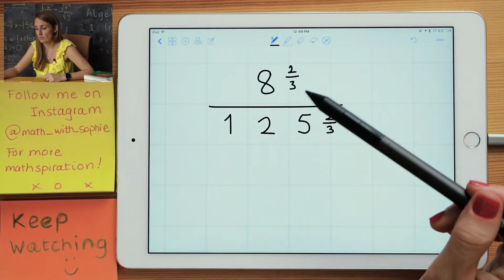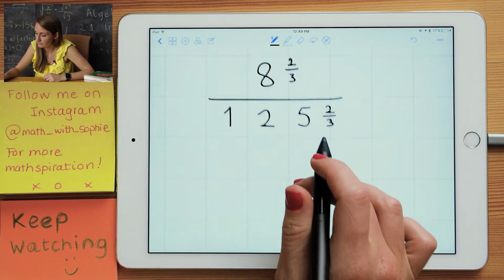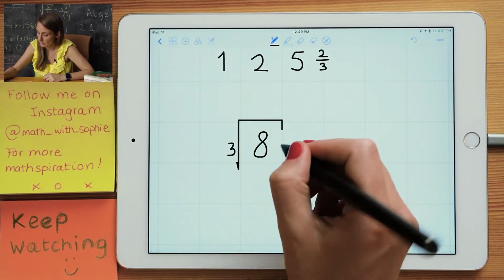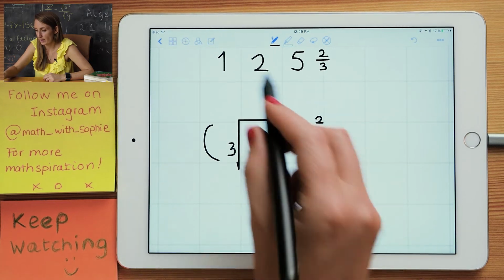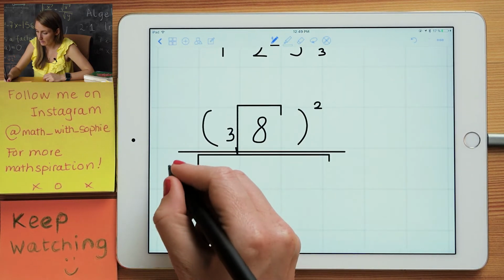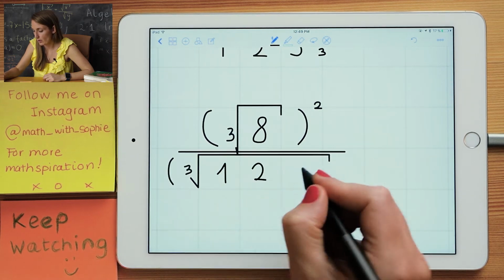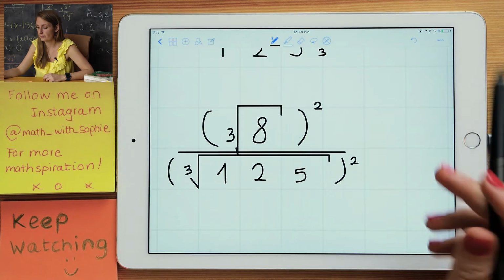The first thing we're going to do for both of these is put our root sum. So we're going to have the cube root of 8 squared on the top and divided by the cube root of 125 squared on the bottom.